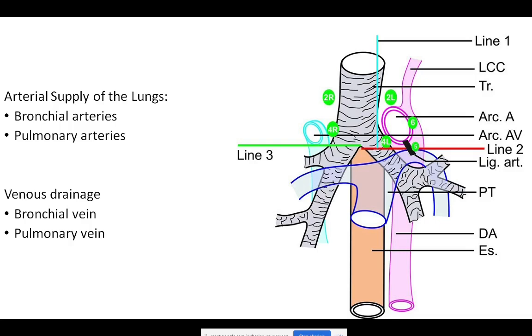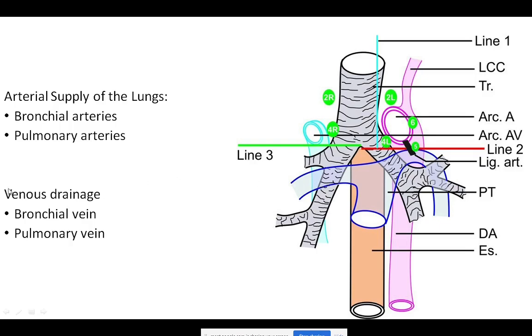It carries deoxygenated blood to the lung. It comes from the right ventricle of the heart.